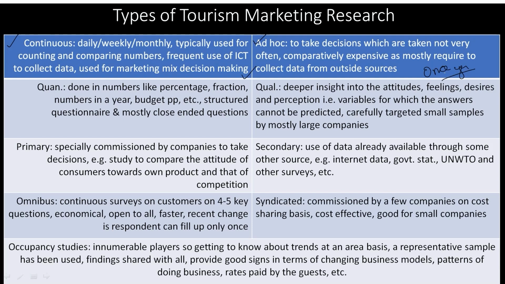Now the third and fourth types of research are quantitative research and qualitative research. Quantitative research is the kind of research where the data is presented in the form of numbers.